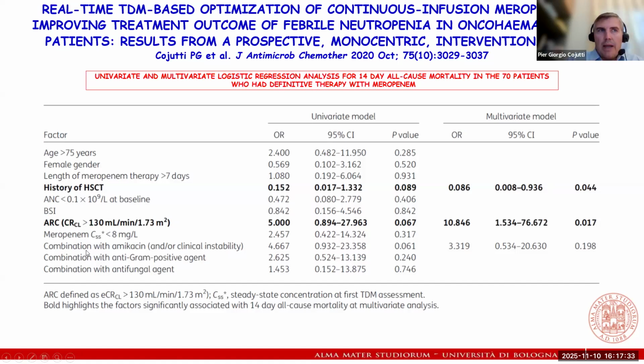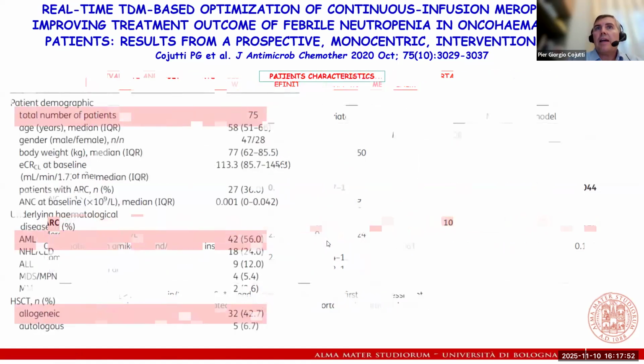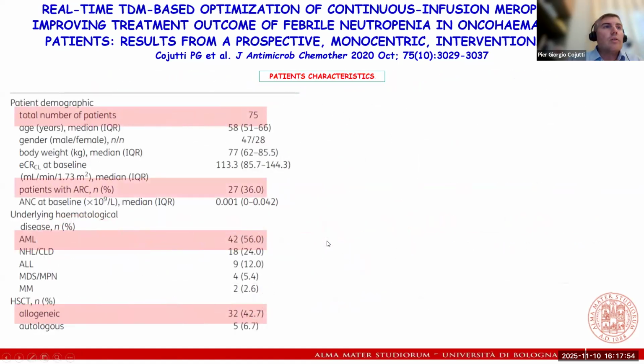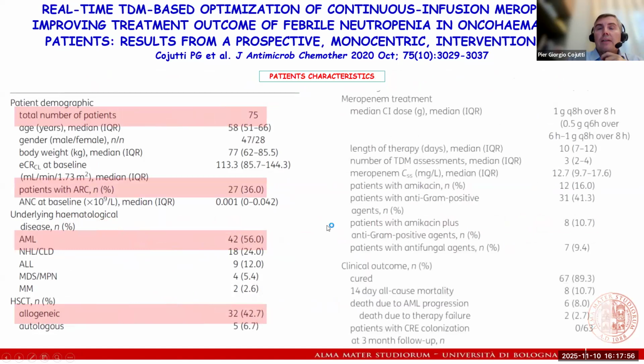So be aware of the renal function of your patient, because often augmented renal function may be present even in a patient with oncohematological disease, and this may affect the achievement of the PK/PD target attainment, because concentration may decrease, and also has an effect on clinical outcome.